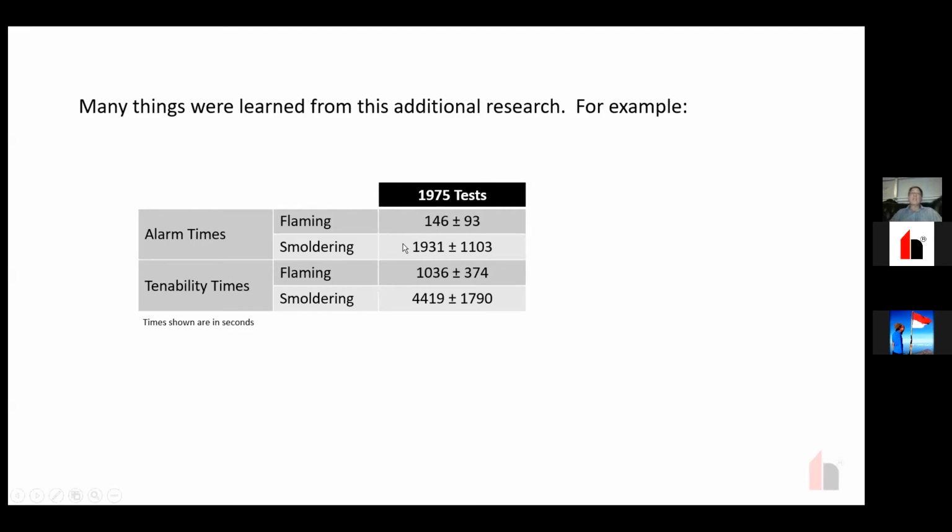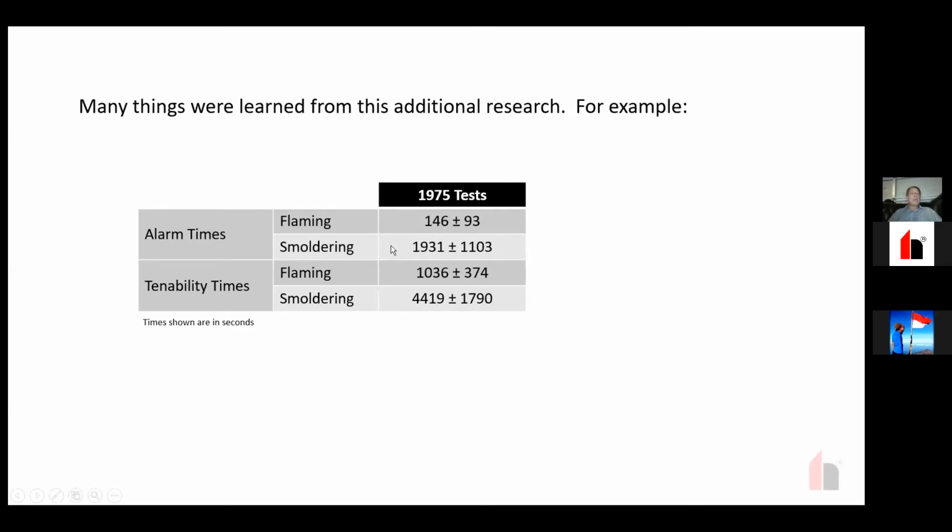In the case of a smoldering fire, the detectors went into alarm at about 1,931 seconds. That's about 32 minutes. But the time to untenable conditions, 4,419 seconds, that's about 41 minutes after the detector signaled the alarm.